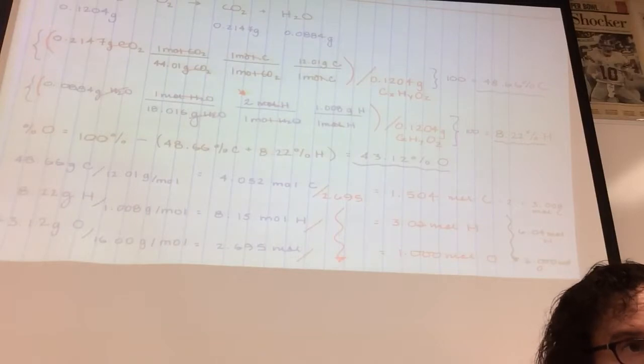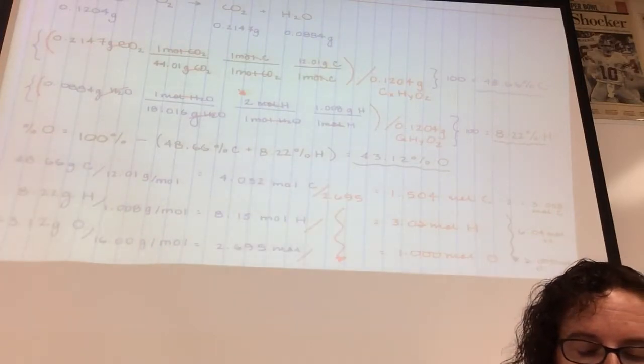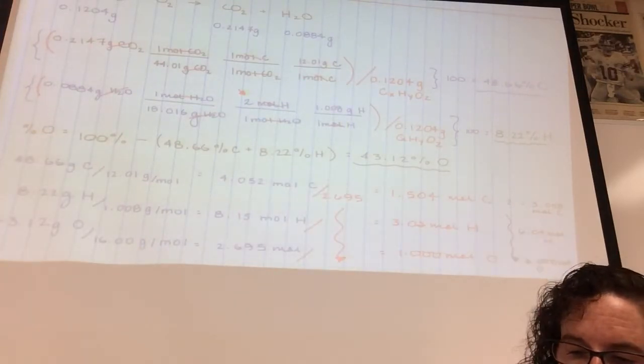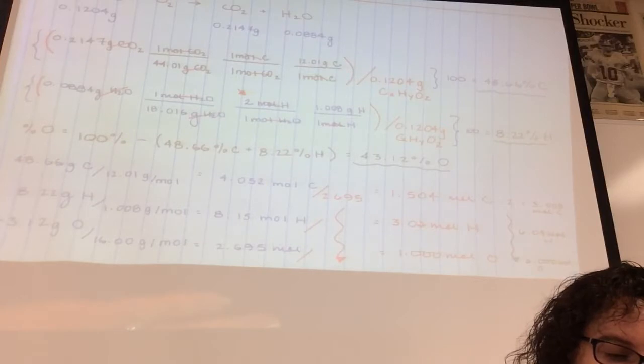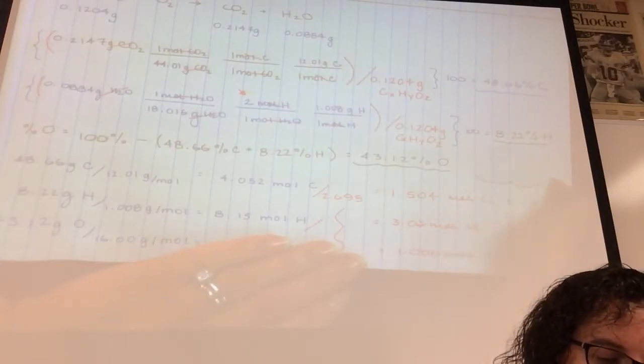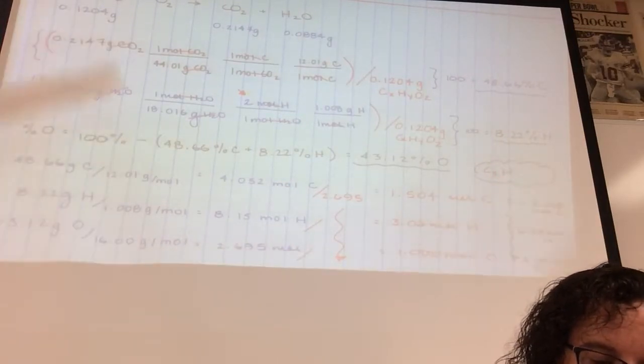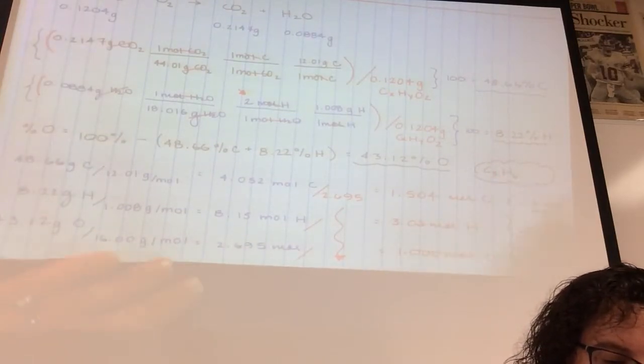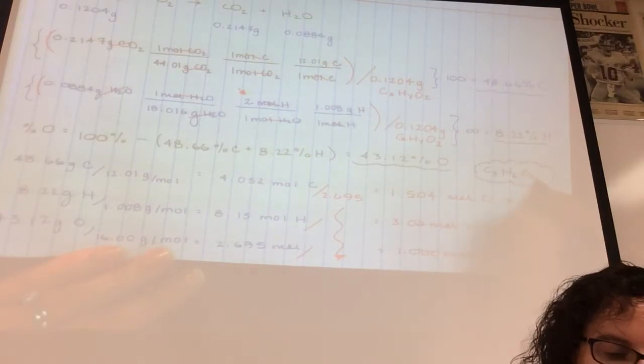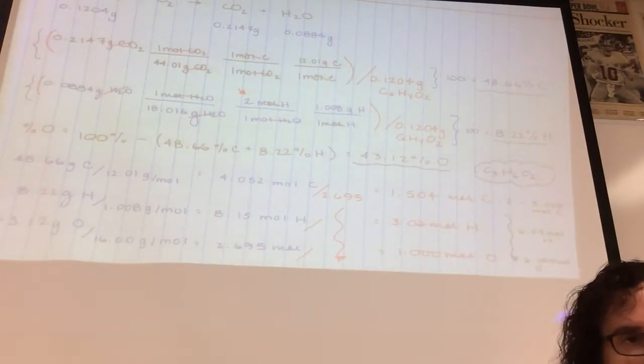So I wrote on the quiz, if you've got 0.1 or within 0.1, you're good to go. But typically it's 0.05. So once you have that, what's your empirical formula? All right, and I'm going to write that here. I like to work from top to bottom, left to right, but I want to just get this on the page here. That's your empirical formula.